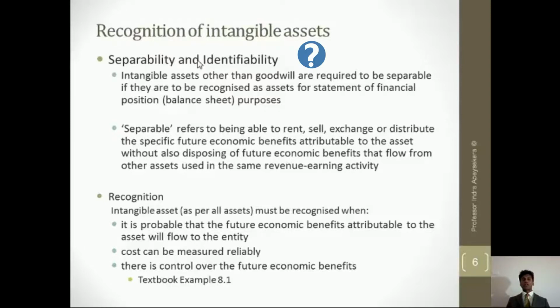Separability is an important criterion, and it goes with identifiability, because an intangible should be identifiable to become separable, and it has to be separable to become identifiable.